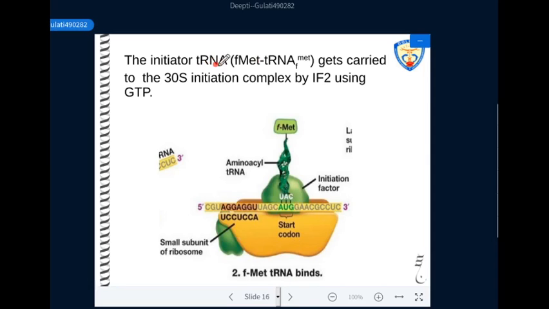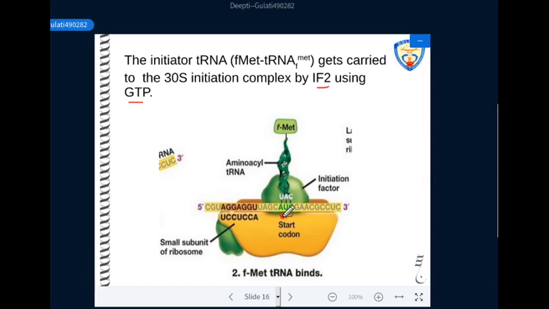Now this initiator tRNA molecule is taken to the P site of the ribosome with the help of the initiation factor, that is IF2, and the attachment of the initiator tRNA to the P site requires energy, and that is provided by GTP. So this image shows us the 30S ribosomal subunit still attached to the two initiation factors, attached properly to the messenger RNA at the Shine-Dalgarno sequence.